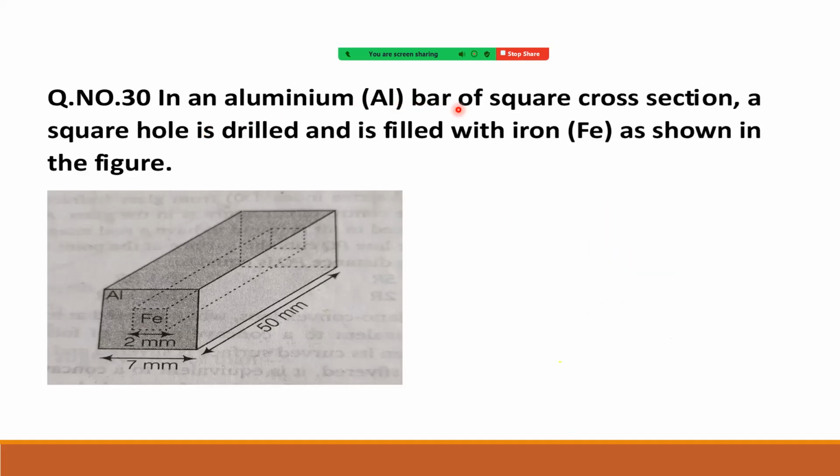In an aluminum bar of square cross section, a square hole is drilled and is filled with iron as shown in the figure. You can see here, bigger one is aluminum, inner one is now iron, right? And given dimensions also.